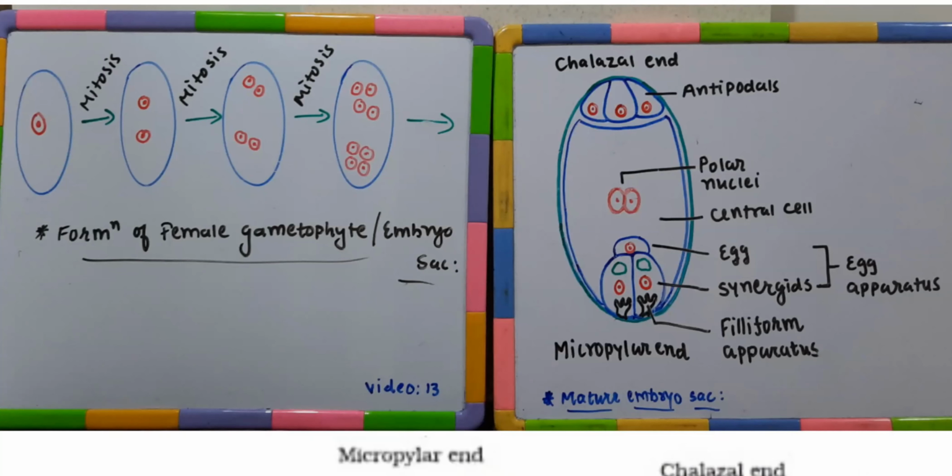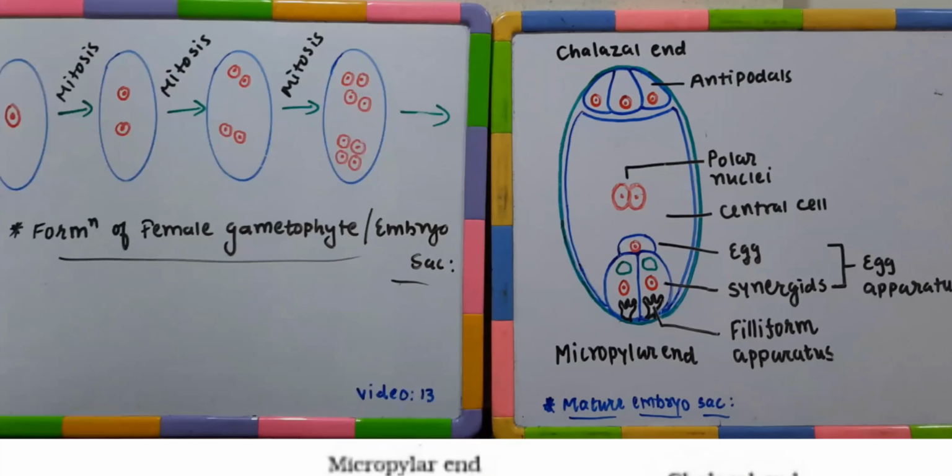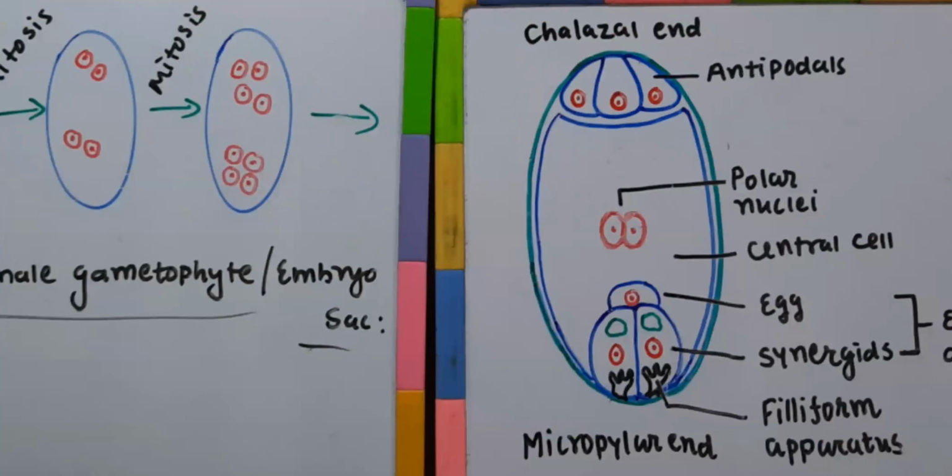Out of these 8 nuclei, 6 of them remain surrounded by the cell wall laid down around them.